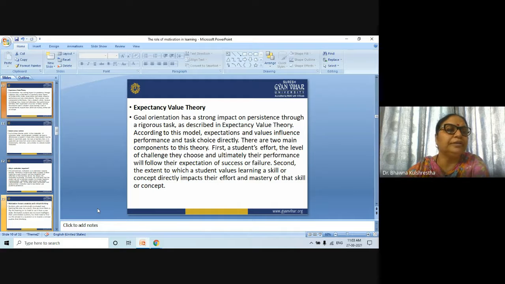Some theorists classify motivation as a stable trait of the person, while others consider it to be more task specific. Individual specific motivation describes the orientation with which all activities are approached, while task specific motivation is dependent upon the appeal of the activity.